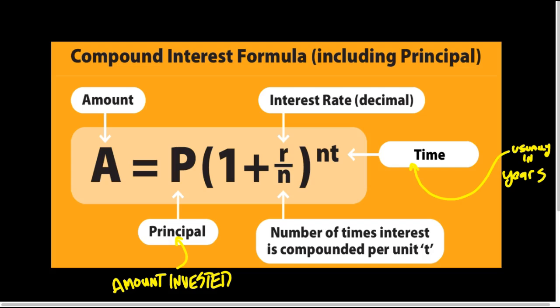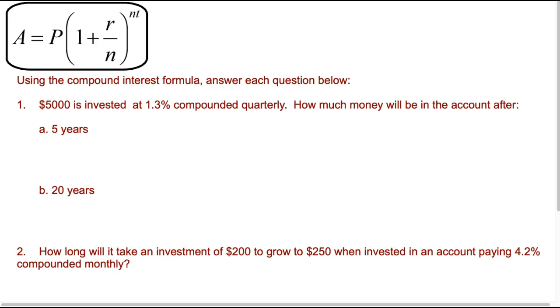What if it was compounded daily? 365. This is in terms of years, right? What if it was compounded monthly? 12. Good. So the N part will change based on how many times it's compounded in a year. Okay? So let's get cracking. By the way, I'll give you these formulas on the quiz, so you don't have to memorize the formulas.